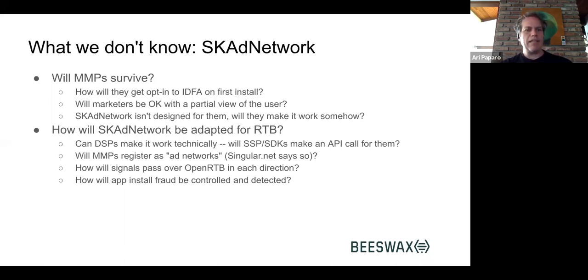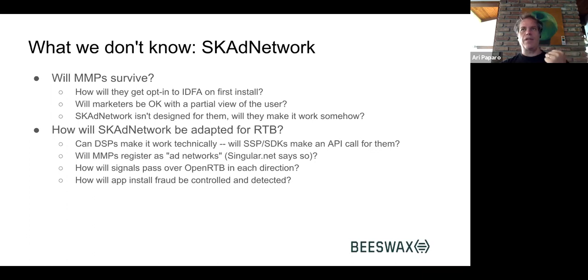So in the current environment, an MMP is providing conversion attribution for an app or for a marketer. And the way it works, I think everyone knows, is that you have the IDFA on the impression.